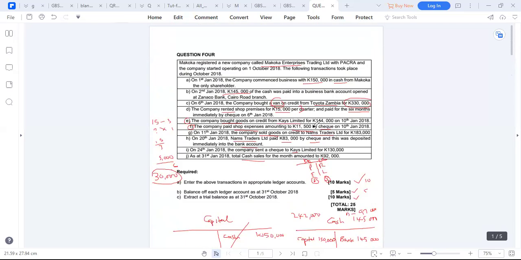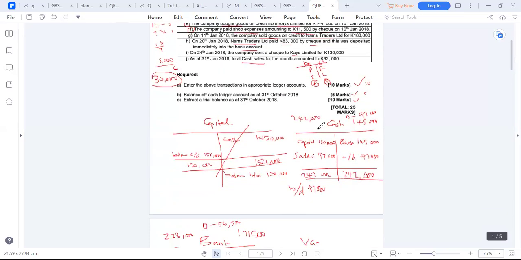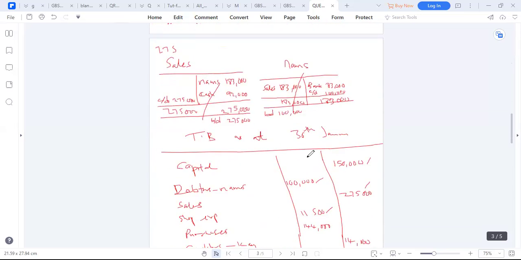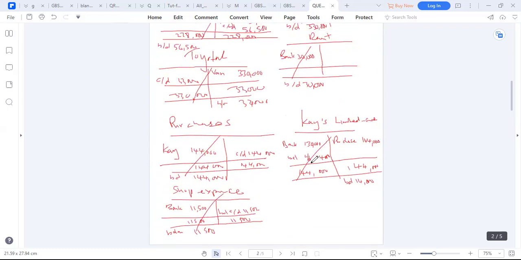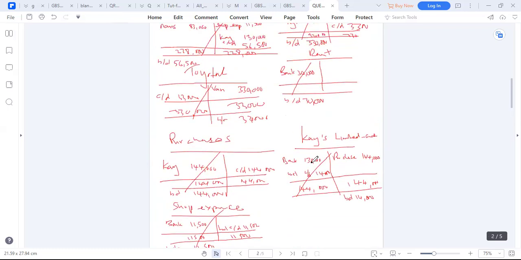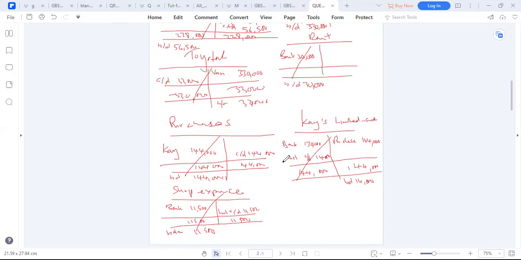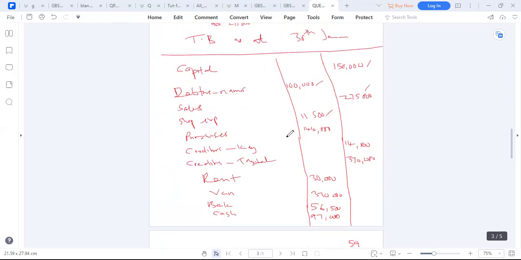How did we treat that 100 somewhere? Where's the 100 coming from? Anyway, let's not waste much of the time, but at least these are all the entries. Yes, Sue?